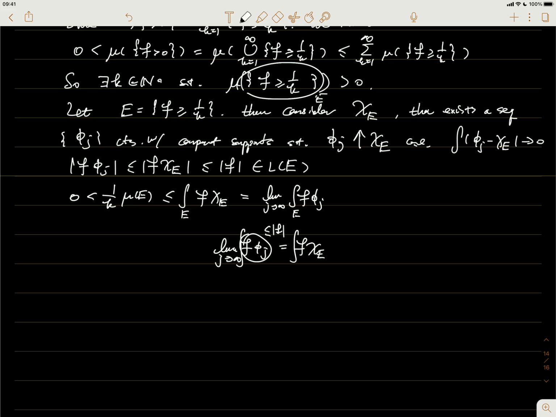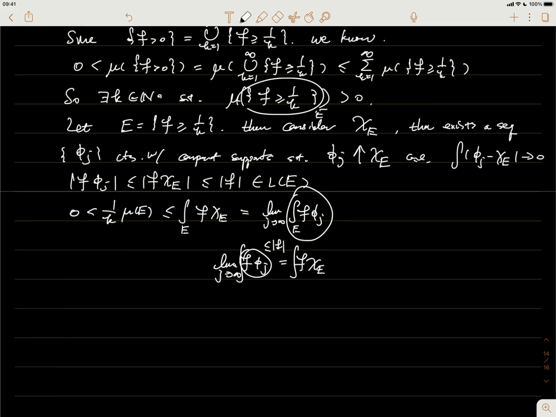On the other side, let's look at the integral here, because phi_j is a continuous function with a compact support. The mu of E must be finite as well, right?